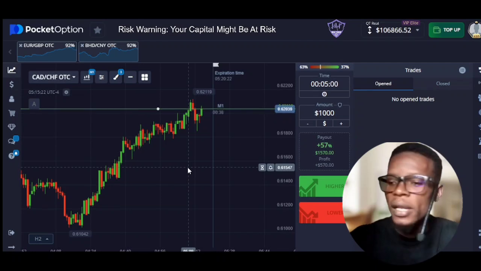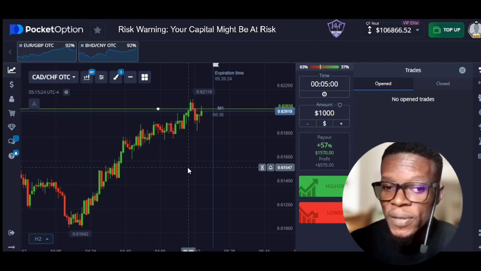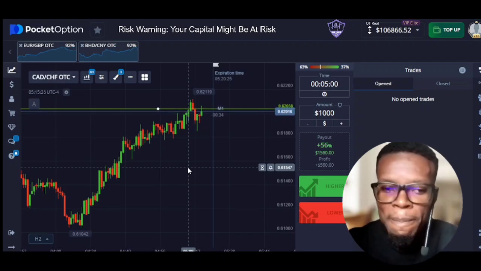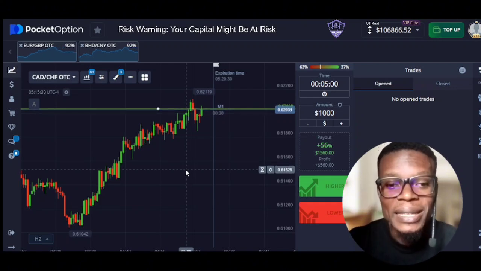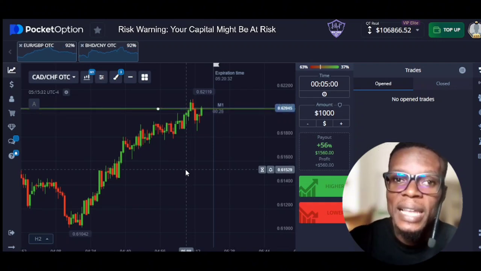That being said, let us explain why we took this very beautiful trade. So as you can see, through the help of price action, we are able to tell areas that are going to be the next seller zone.